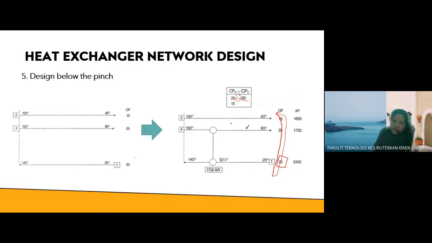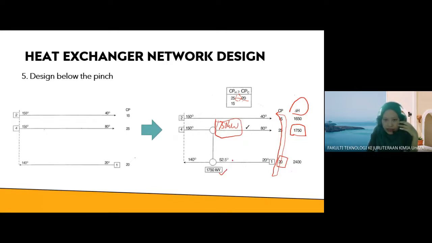Right, and then next you calculate the delta H value and then find the lowest delta H value. In this case it is here because this one has no pairing, this one has no pairing, only this one has a pairing. So this is the lowest. So you tick. So you know that this is 1,750 kilowatt. Okay. And then pairing with stream 1, the same duty.